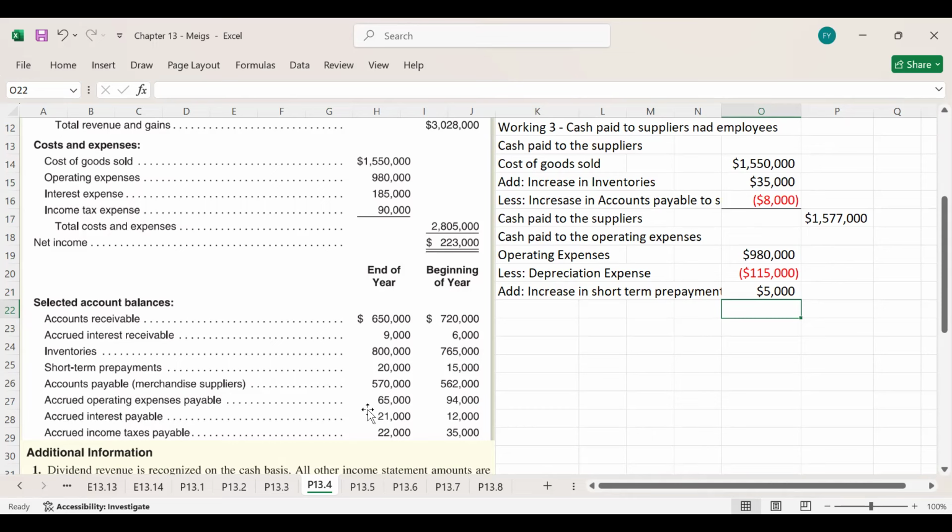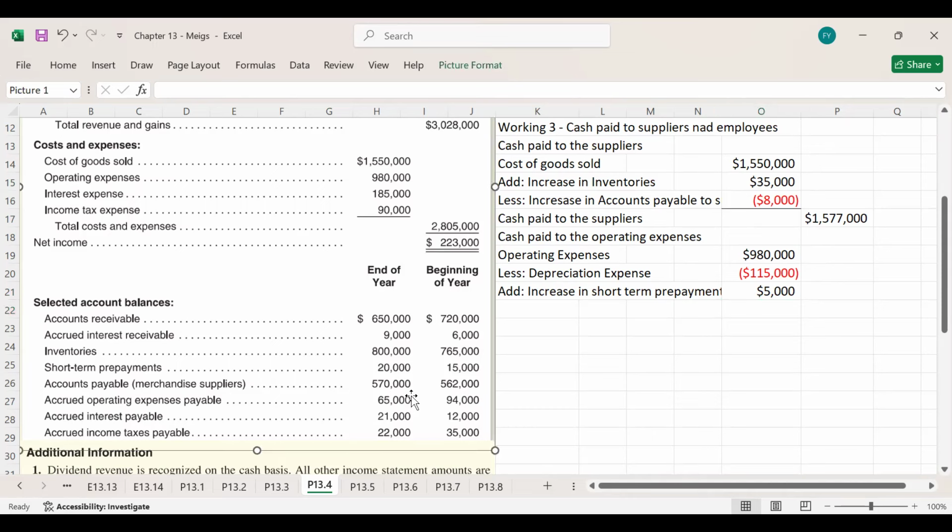From 95,000 to 65,000 means that there is a decrease in accrued operating expenses, or you can say a decrease in liability of 94 minus 65, which is $29,000.